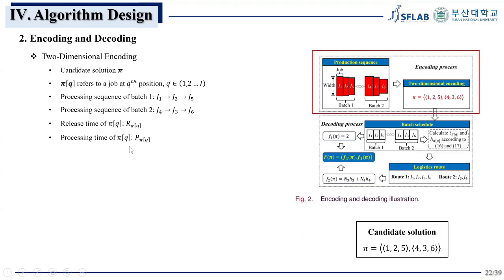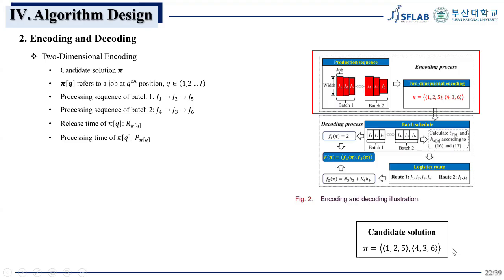When using meta-heuristics, it's really important to do the encoding and decoding to adjust the problem to the algorithm's solving procedure. In the encoding part, we have a solution pi. The solution is represented in pi, and pi q refers to the job in the q position. So q can take any value from 1 to the number of jobs.